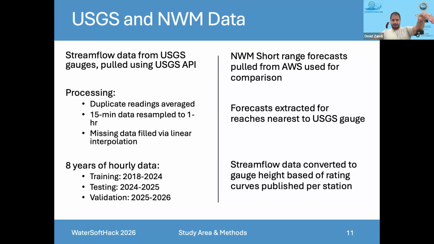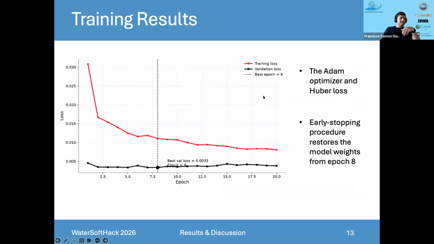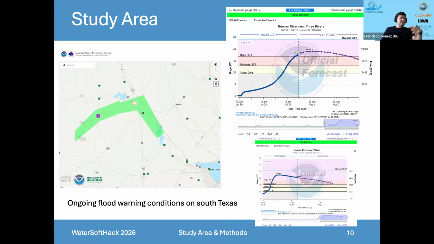So it's quite a particular basin to study, and the gauge that we are using is called Three Rivers because it is downstream of the confluence of three rivers. So we found that this is the main river, but obviously the impact of the other 2 rivers could also be something to analyze later, right? So this is quite a challenging basin to analyze.